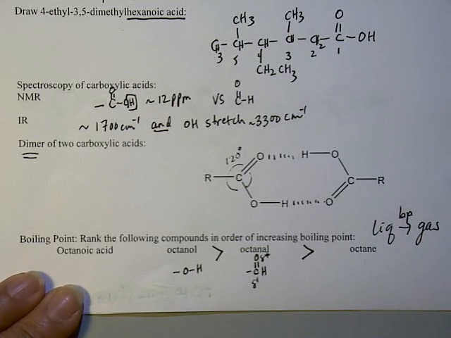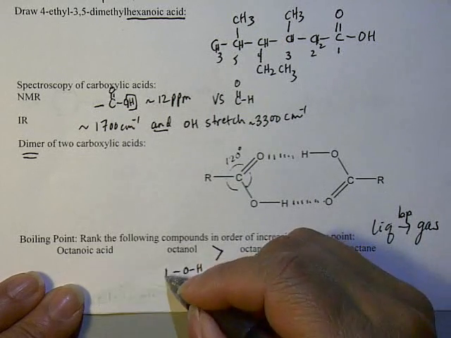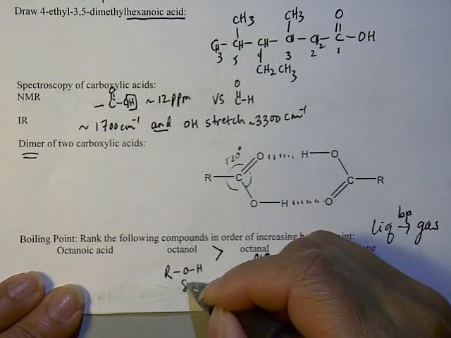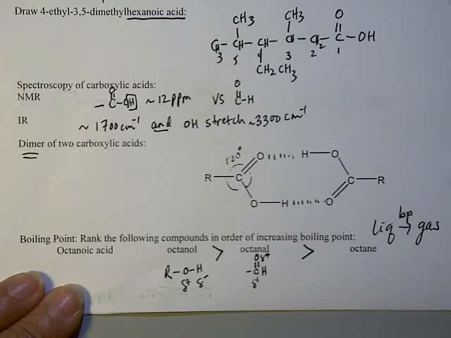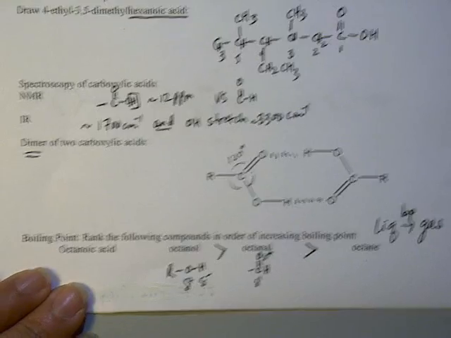So remember, hydrogen bonding only occurs with hydrogens that are directly attached to oxygen or nitrogen or fluorine, and so octanol would have an alcohol group, and that will cause a strong intermolecular interaction, which is hydrogen bonding. All right.